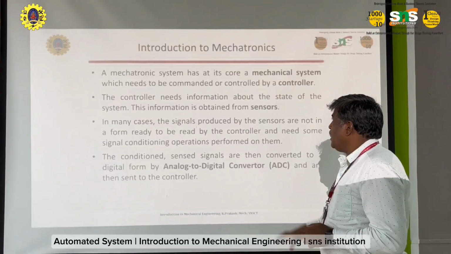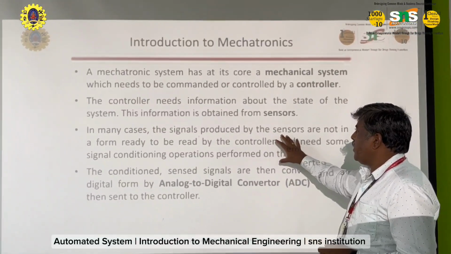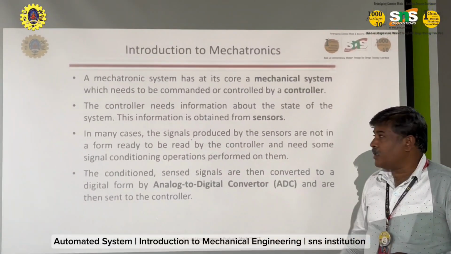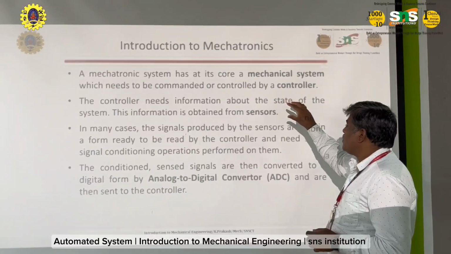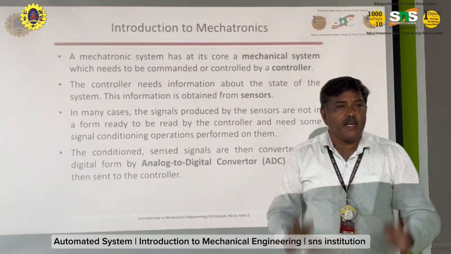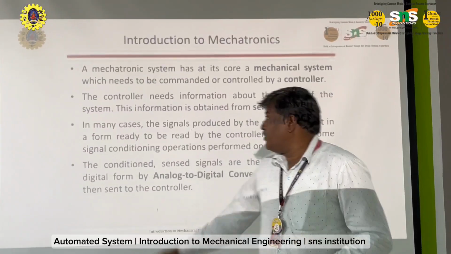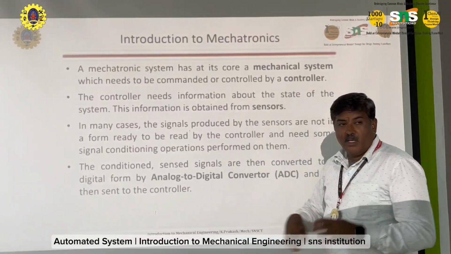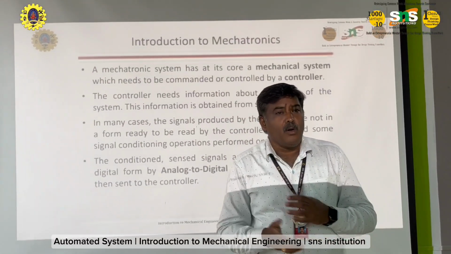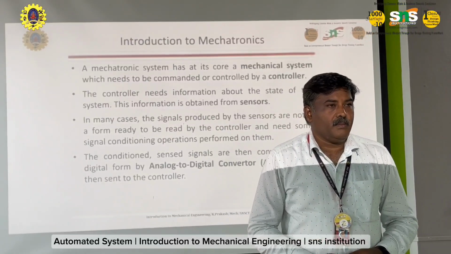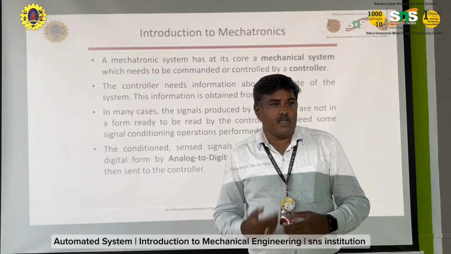Now coming to the mechatronic system, let us have a small introduction. In a mechatronic system we have a core mechanical system. This mechanical system should be controlled by giving some commands, and that is called a mechatronic system.